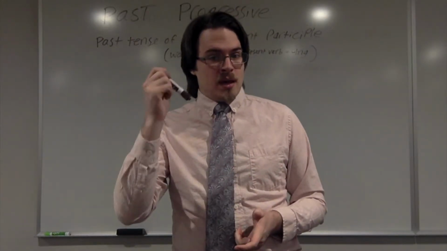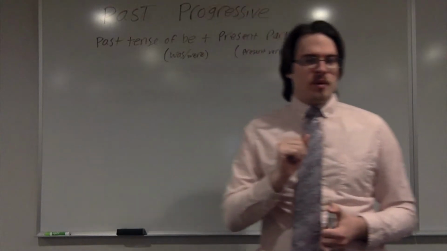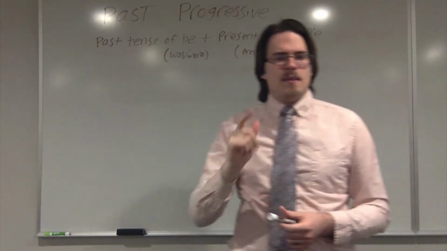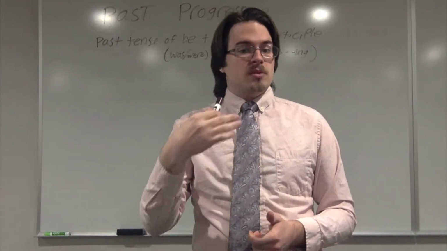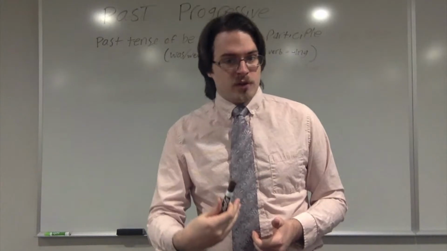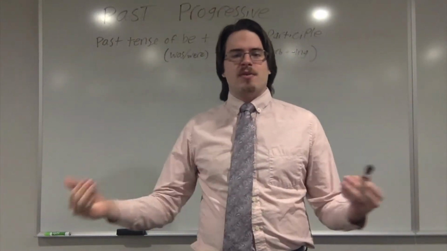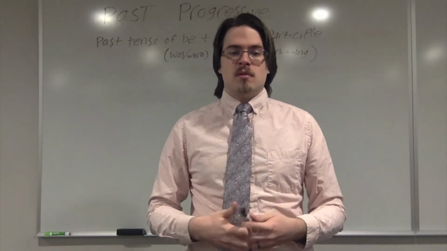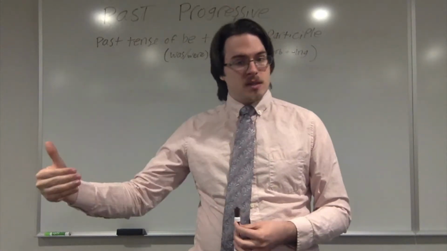Since we're dealing with the past progressive, we will use the past tense form of the verb to be, was or were, but we will keep the present participle. Now, take note that it is the auxiliary verb, the helping verb, was and were, that takes on the weight of telling us the time frame when the main verb happens, while the main verb itself remains the present participle.